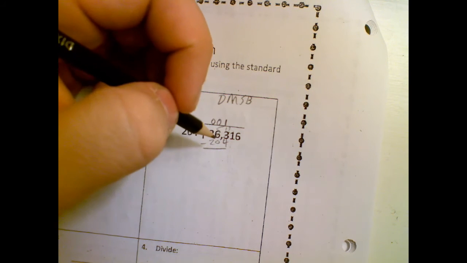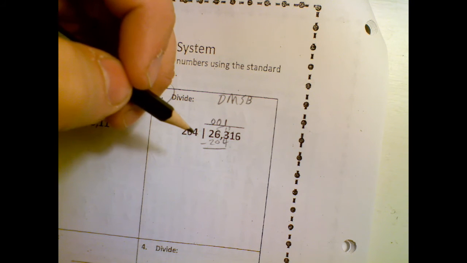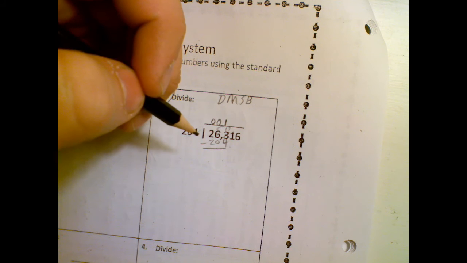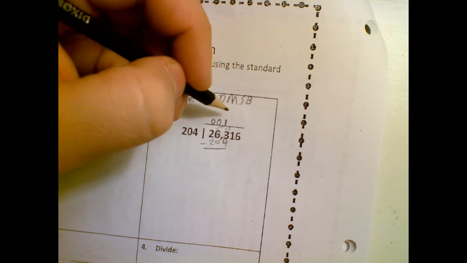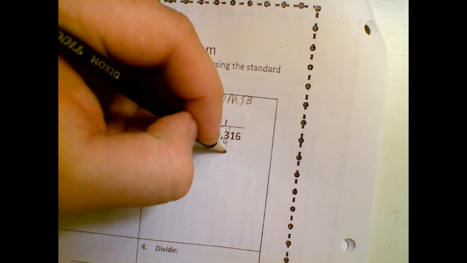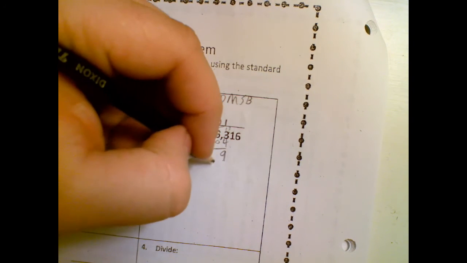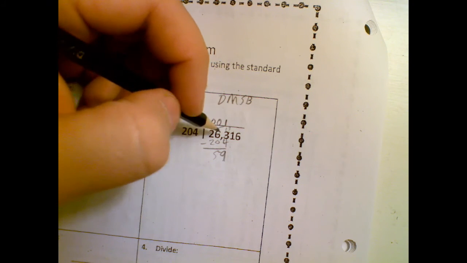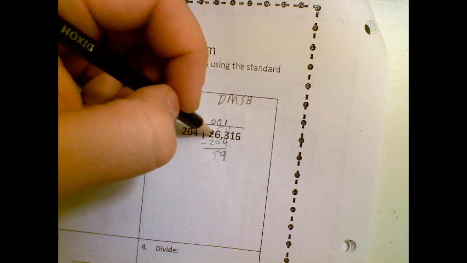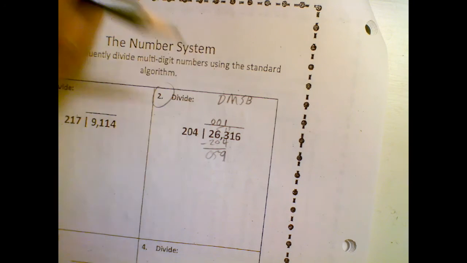Okay, 13 minus 4 is going to be 9. So we're going to have 9 here. And then 5 minus 0 is going to be 5. And then 2 minus 2 is going to be 0. Okay, so now we have 59.